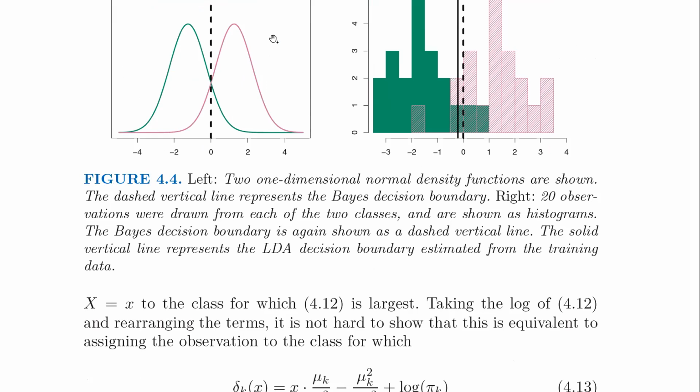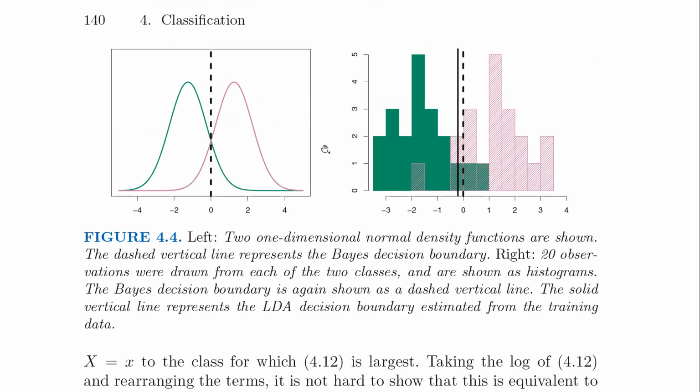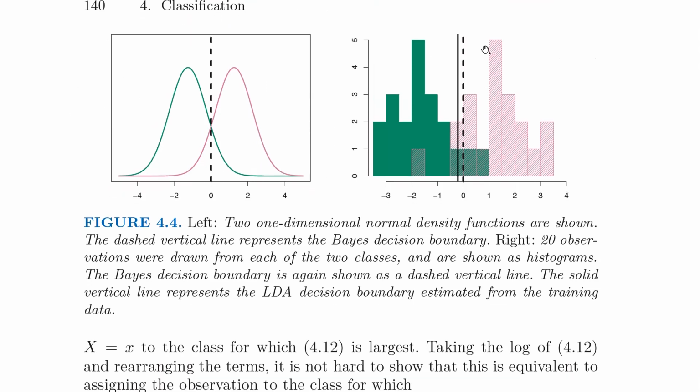So this is the theoretical picture. Whereas over here, this is what's actually going on. And look, it does a pretty good job, right? The solid black line is the model's estimate.